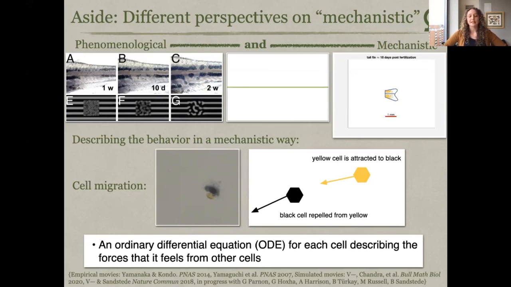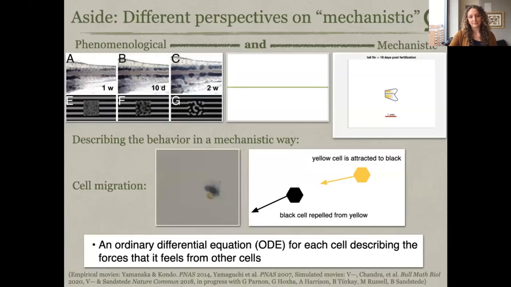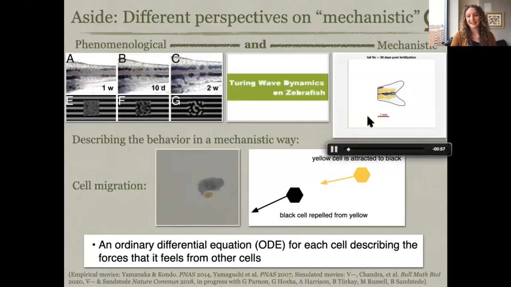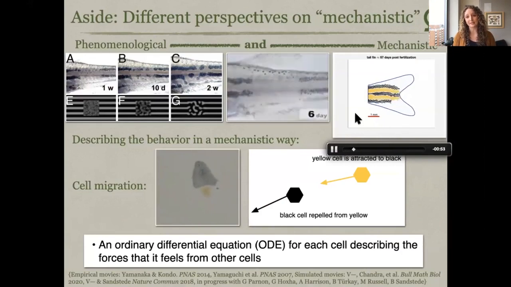Yeah, so I think the questions about phenomenological and mechanistic are really good, because of this list of terms that I gave, it is the one that is the most subject to interpretation. So don't take what I say on this to be ground truth. This is just one person's opinion. And the reality is, as someone who builds models that look like this, up until last year, I always thought of my models as mechanistic.